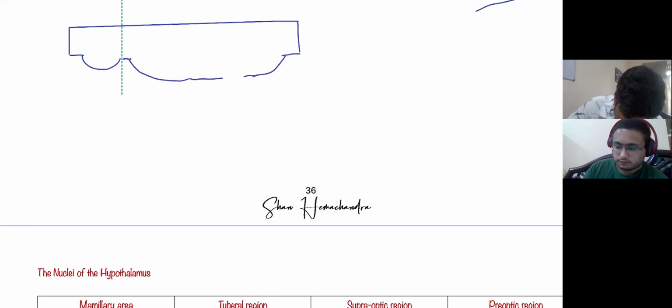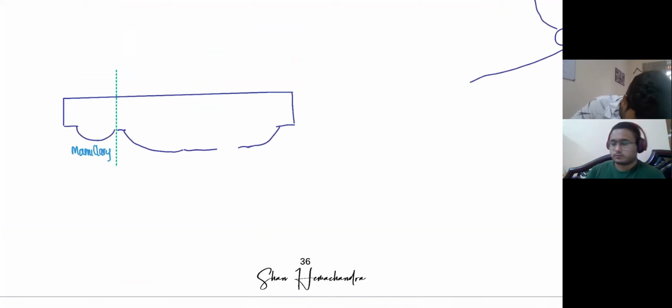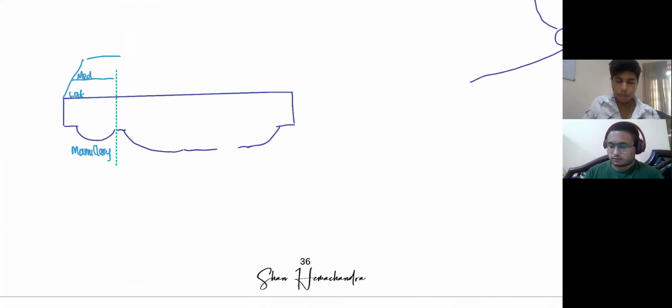This is the mammillary area. We have the lateral and the medial aspects.